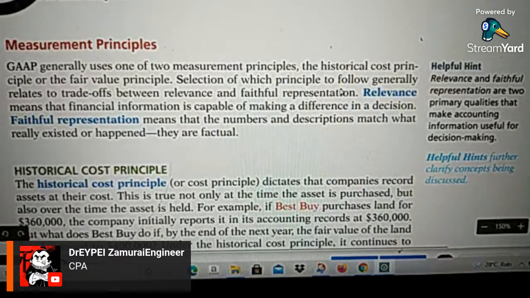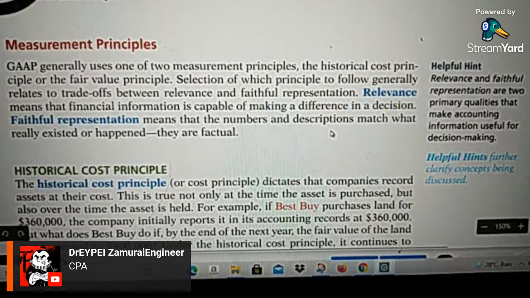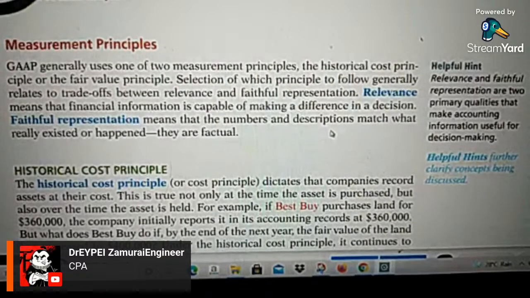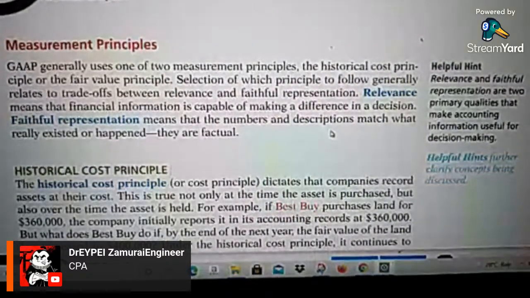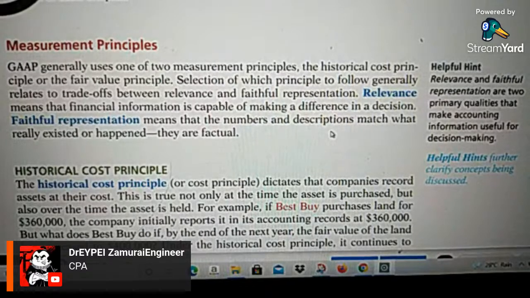Okay, so these two, relevance and faithful representation, are two primary qualities that make accounting information useful for decision making. Take note, huh? Take note these two concepts, relevance and faithful representation. I will repeat. Relevance means that financial information is capable of making a difference in a decision. Okay?